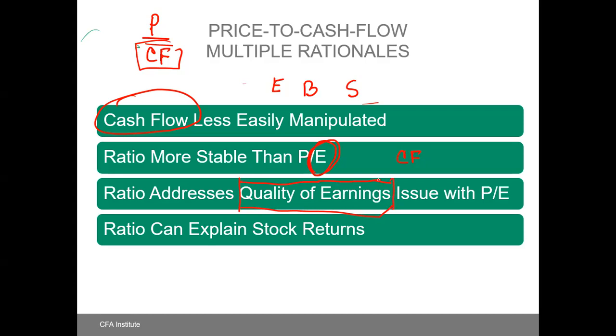Because when there are less cash earnings and more accrual earnings, it is more likely that a significant portion of the earnings is susceptible to manipulation. Again, the same point we have made for all the other multiples: price to cash flow is one of the factors that explain the cross-sectional variation in stock returns, and this is proven in empirical research.